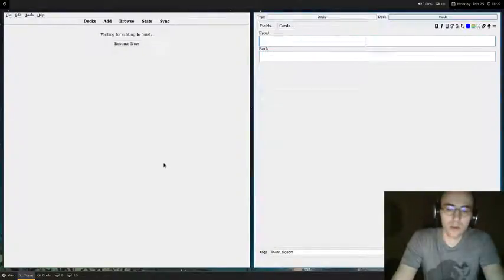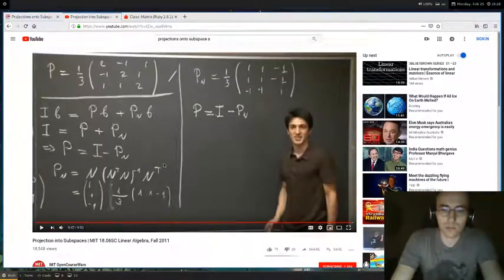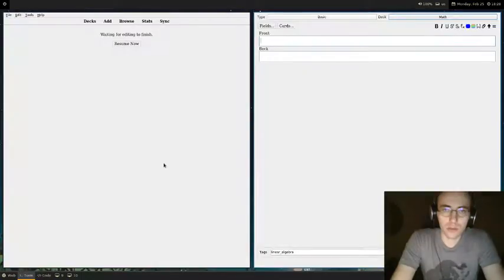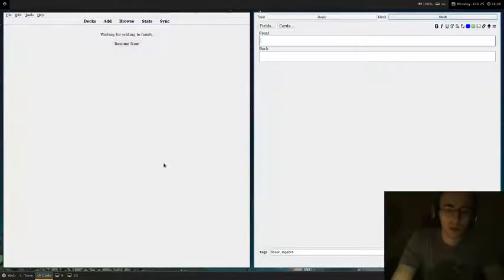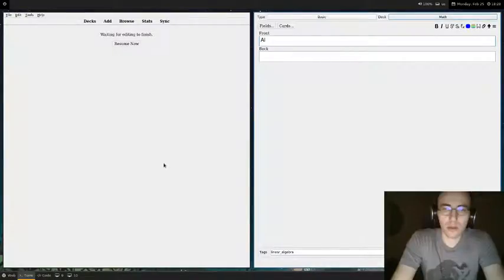It is quite easy. Right, and the next step. So here I won't use any screenshots anymore. I'll say an alternative way of calculating the projection matrix for a subspace.